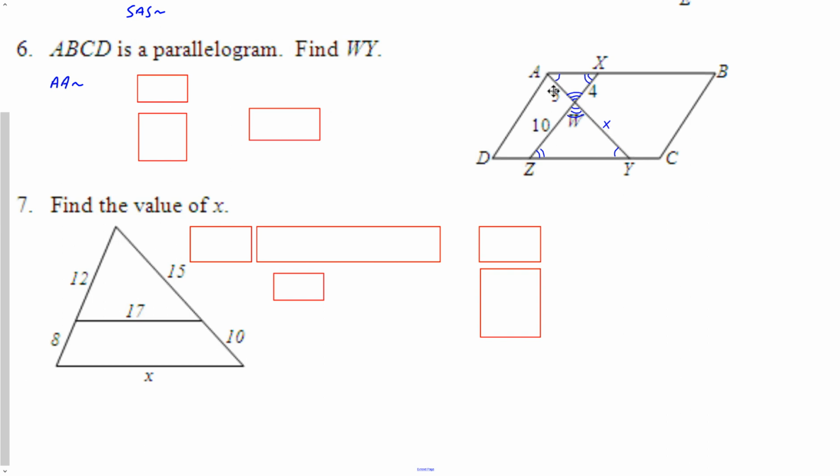So those are the two that have to go in the same ratio, which means the 4 and the 10 have to go in the same ratio within the proportion. So here is a proportion you'd be able to write. 5 over x equals 4 over 10. If you want to write 2/5 instead of 4 over 10, you're using the reduced similarity ratio. That would be fine. Now you cross multiply and solve. You get x equals 12.5. Again, make sure your answer is written as it should be. You get length of WY equals 12.5.